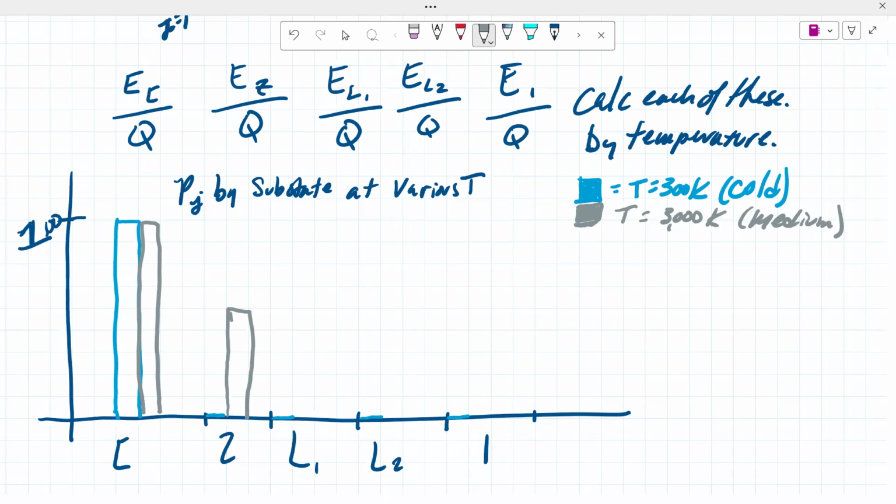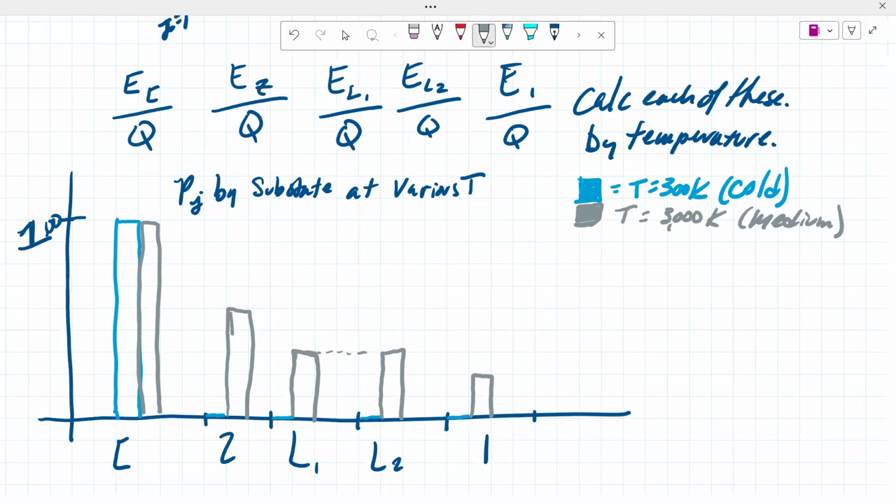Now I can provide you with the quantitative ones of these, but for now, I'm going to just draw it schematically. It looks like this. These two are going to be the same. And this one is gonna be down here, about like so.